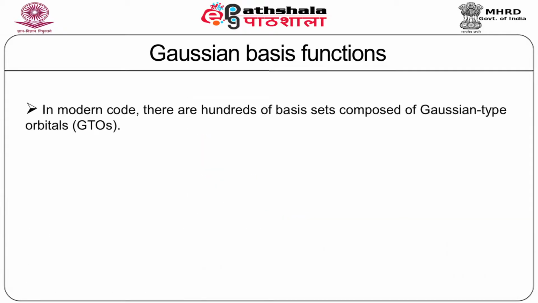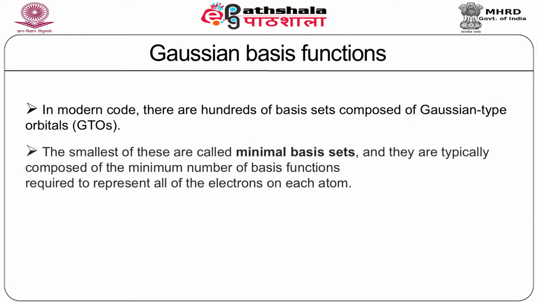In modern codes, there are hundreds of basis sets composed of Gaussian type orbitals. The smallest of these are called minimal basis sets, and they are typically composed of the minimal number of basis functions required to represent all of the electrons on each atom.